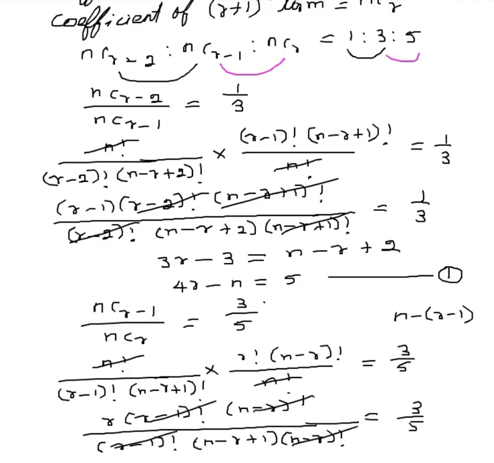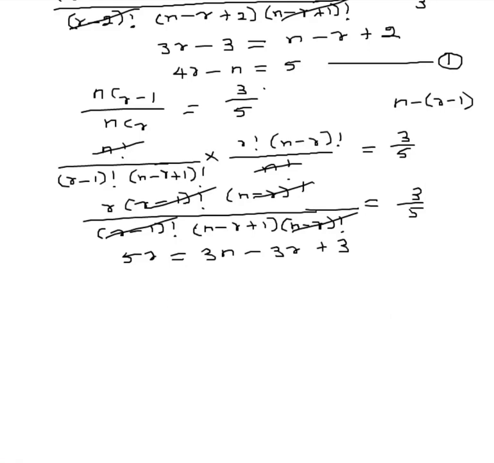Cancel the common factors. Cross multiply. 5r is equal to 3n minus 3r plus 3. Therefore, we get 8r minus 3n is equal to 3. This is the second equation.